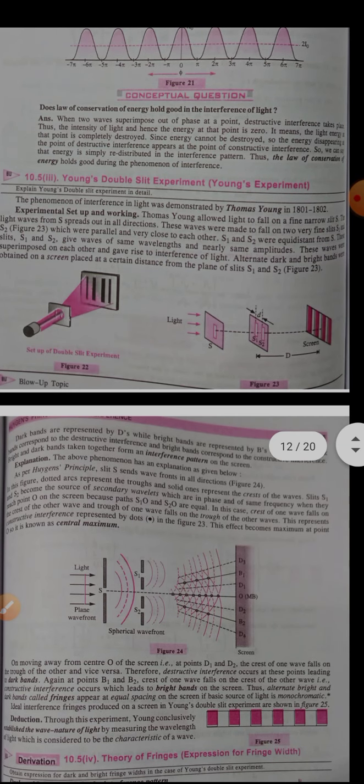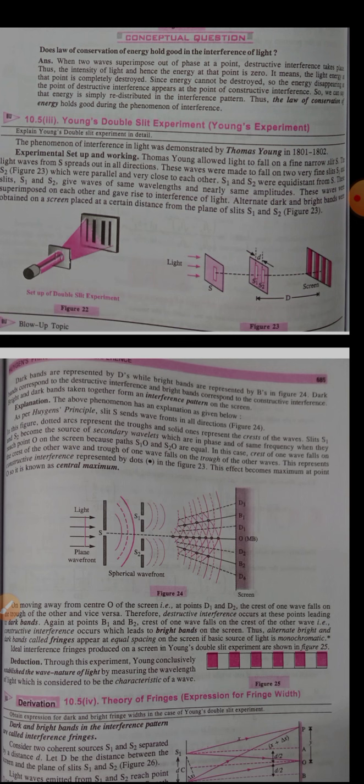Next we have Young's double slit experiment. This is an important one. Young's double slit experiment was demonstrated by Thomas Young in the years 1801 to 1802. We will see the experimental setup and working.